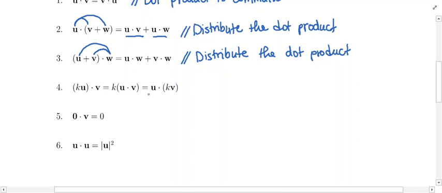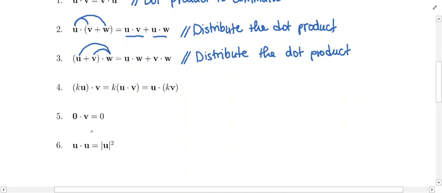And it's also the same thing as first taking the vector v and doing scalar multiplication on it. So if you do k times v and get that vector, and then do u dot that result, you will obtain the same result. So what this is saying is you can move the scalar around.